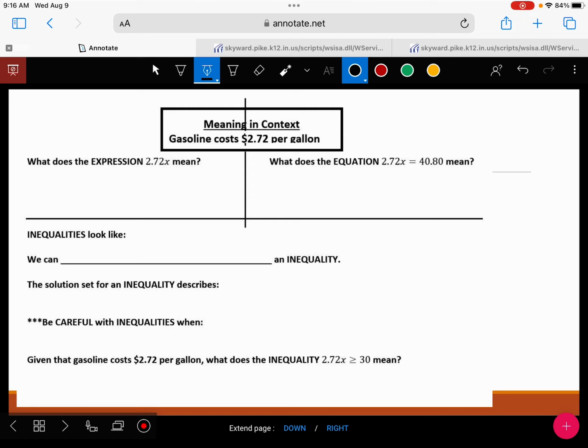So when we look at the meaning, gasoline costs, I wish it costs $2.72 a gallon. That would be nice. So what does this expression mean? 2.72x means what?